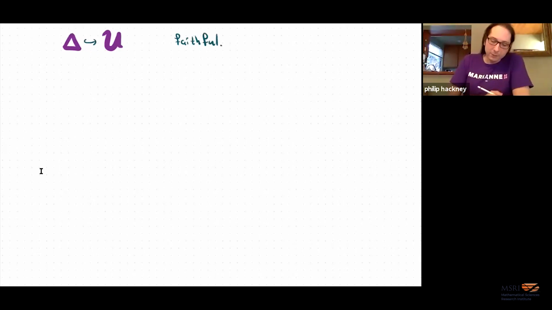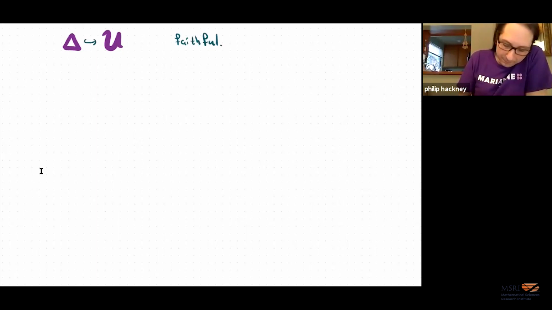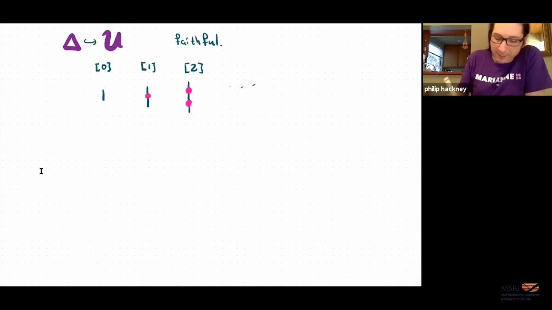So the way to do this is to think about each of the objects of delta as a graph, where the number here denotes the number of vertices in the graph.